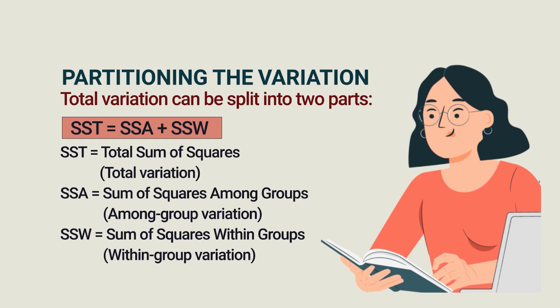One is between groups or among groups, another is within groups. So the total variation in the 15 values will be split into 2 components, the sum of squares among groups plus the sum of squares within a group or within a brand.